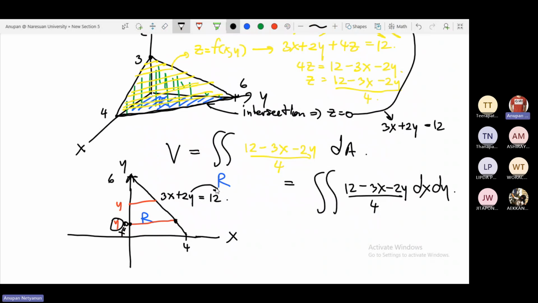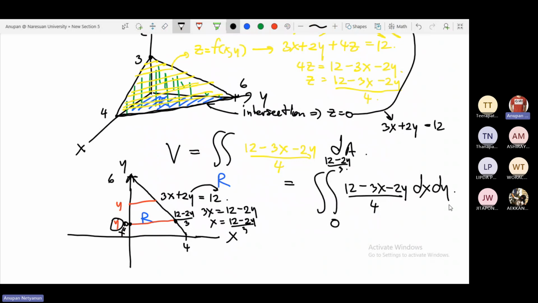So I move this to this side. I have 3x equal to 12 minus 2y, divided by 3, right? So I have x equal to 12 minus 2y over 3. So this point is 12 minus 2y over 3. So the running number for x is from 0 to 12 minus 2y over 3.